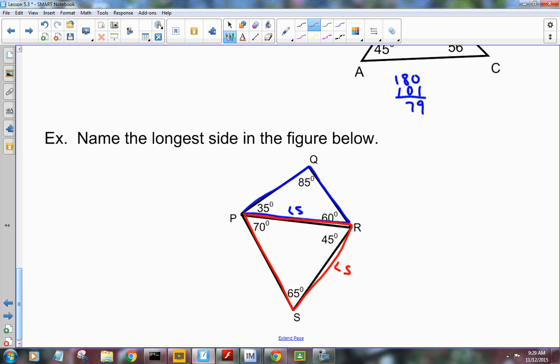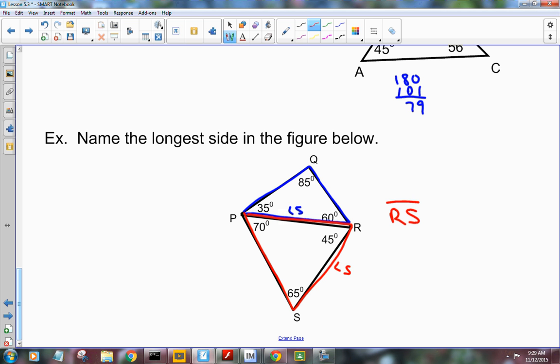And so SR or RS is bigger than PR. Remember I told you that the rule only applied within the triangle. Just because this is the longest side across the biggest angle, it's only the longest side of that triangle. SR or RS is the longest side of that triangle, and PR is a part of that triangle, so SR is bigger than PR. Okay? So, RS or SR is the right answer.